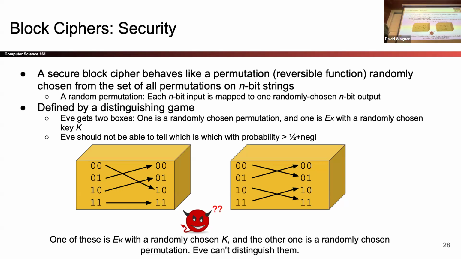That's not going to happen for a random permutation. So if you have a block cipher that satisfies this criterion, that won't happen for the real block cipher either. So this is the formal, mathematical definition of what constitutes a secure block cipher. And the end result is that there are no correlations between the input and output that are usefully detectable.